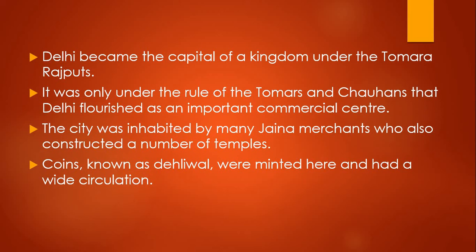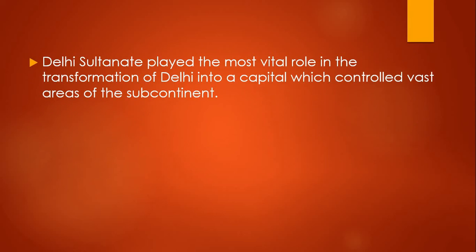Coins known as Delhiwal were minted in Delhi and had a wide circulation. Delhi Sultanate played an important and vital role in the transformation of Delhi into a capital which controlled vast areas of the subcontinent. Razia Sultan, she was the first and the last woman ruler of Delhi.